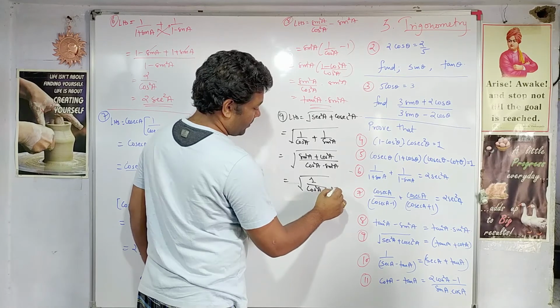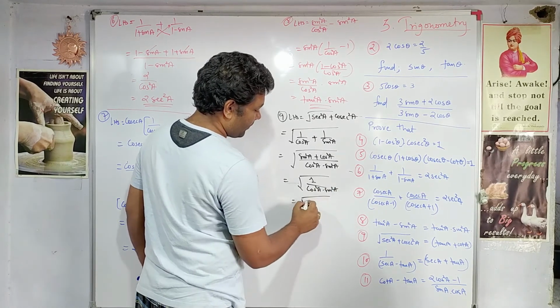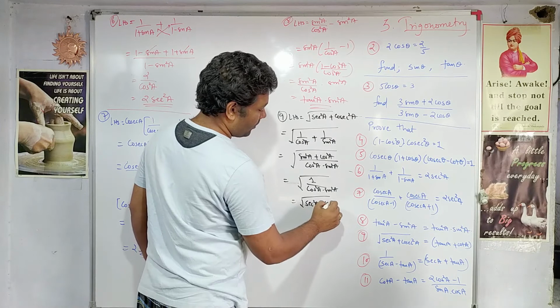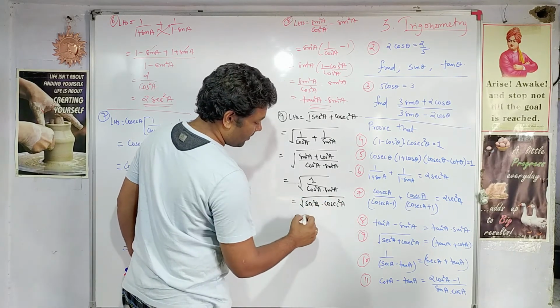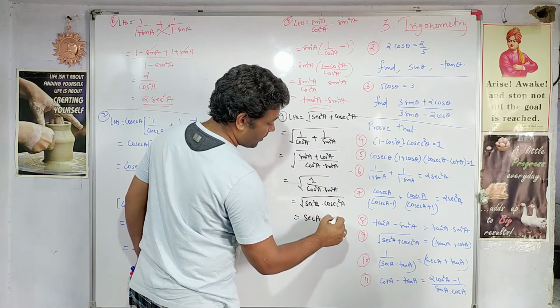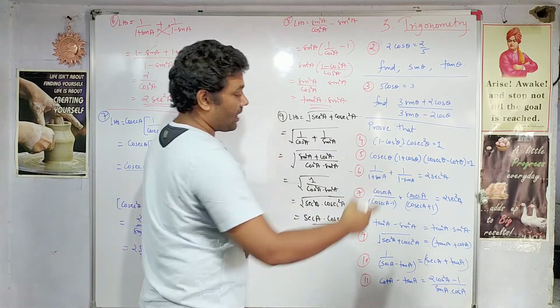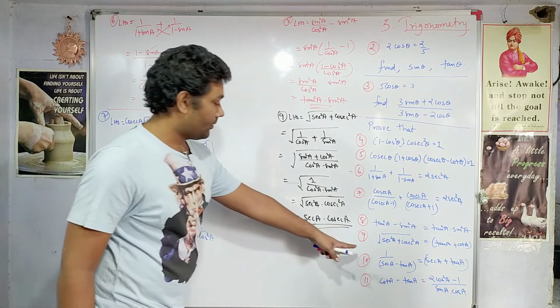So if we convert this into numerator, it will be sec square A dot cosec square A. Square root gets cancelled with the square terms, remaining is our answer. That is what the RHS is, right?